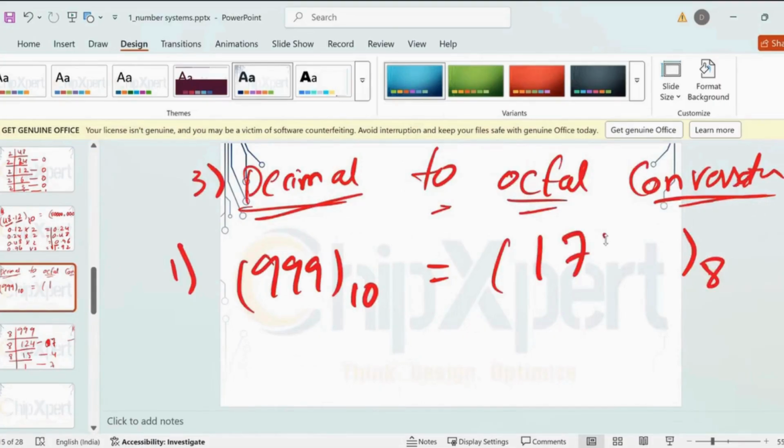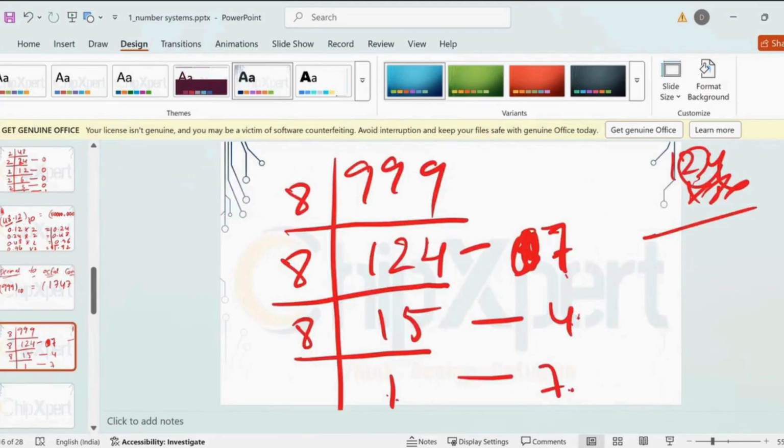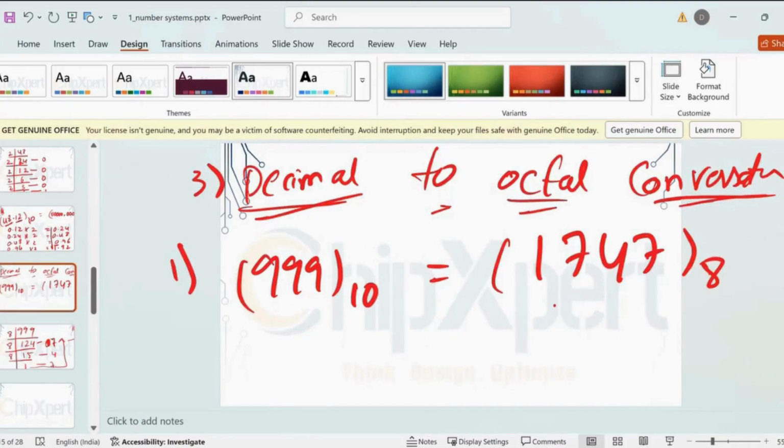We collect 1747 from bottom to up. My bottom value is 1, next is 7, next is 4, and next is 7. So this was the way to represent decimal in octal.